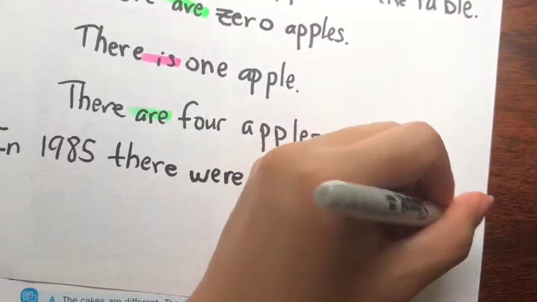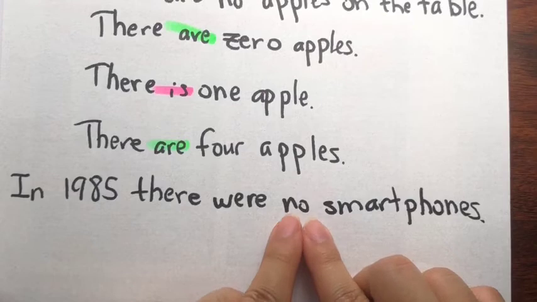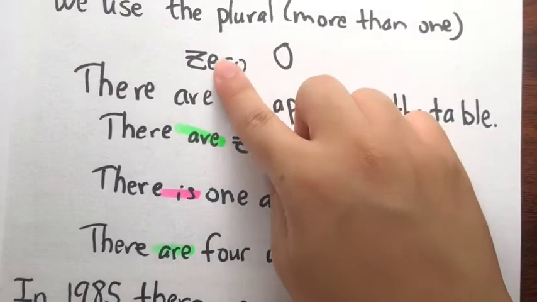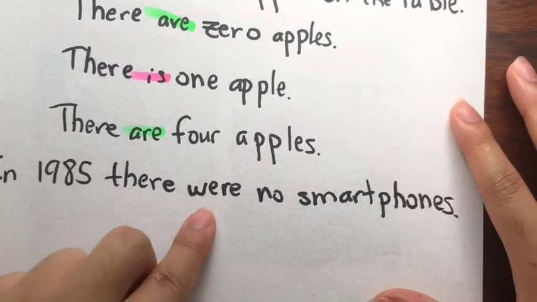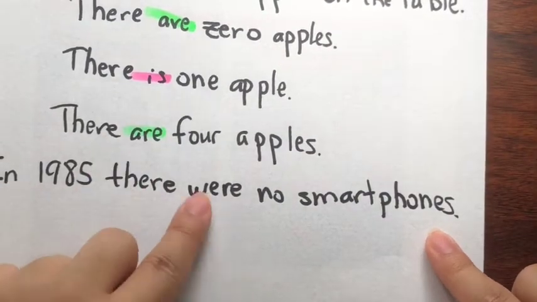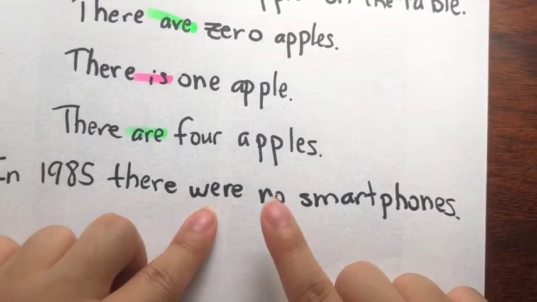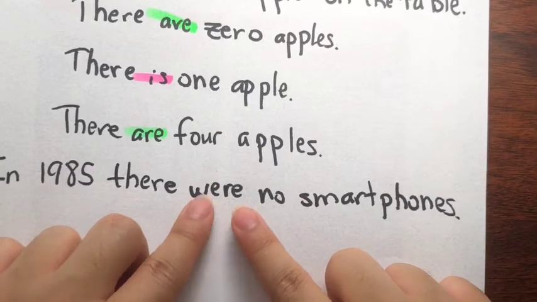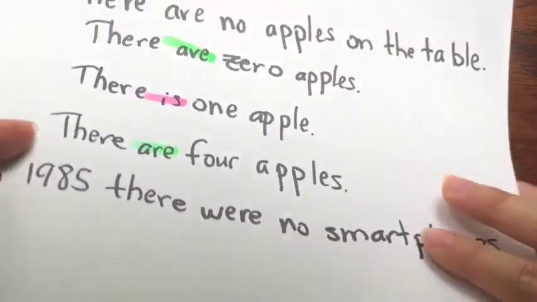There were no smartphones. So how many? 0. There were 0 smartphones. So we use were, no smartphones. Because it's in the past, we use were. But because there's 0, we use the plural. There were no smartphones.